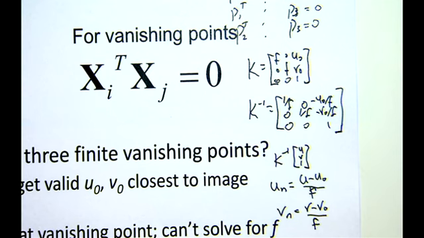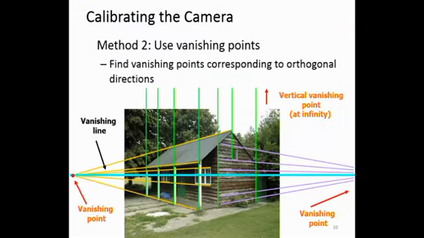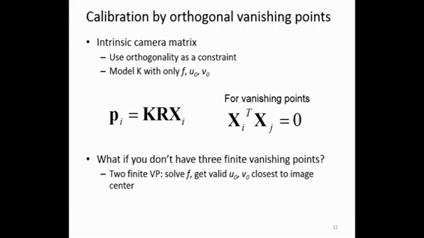If one of your vanishing points is not finite, as in this case where our image plane is aligned with the vertical direction, you can still solve for F. You can see here we have two finite vanishing points and one infinite one. If we had 3 finite, this would all be fine. If we only have 2, then we can solve for f, and we'll get that u0 and v0 are along some line, and then we choose the closest point on that line to the image center.